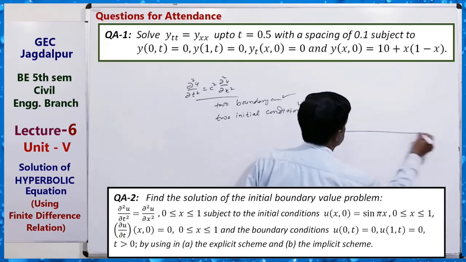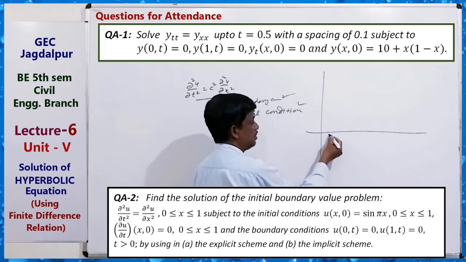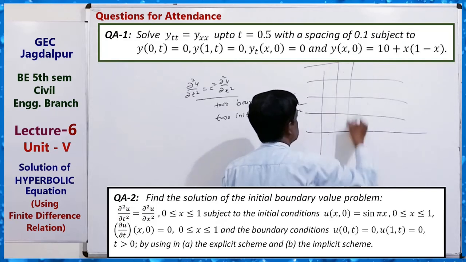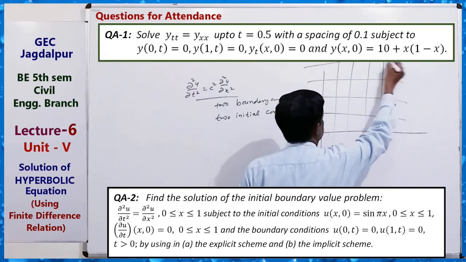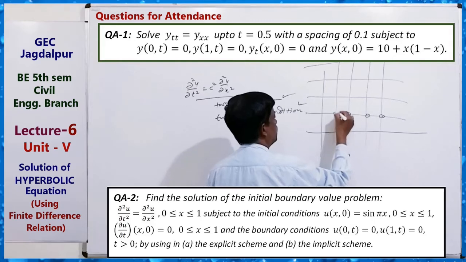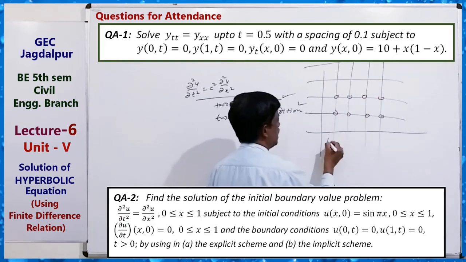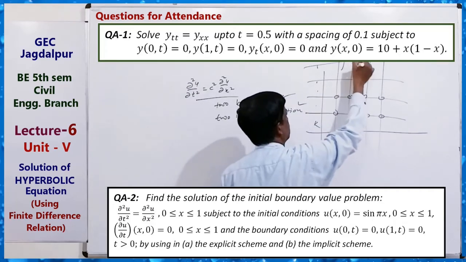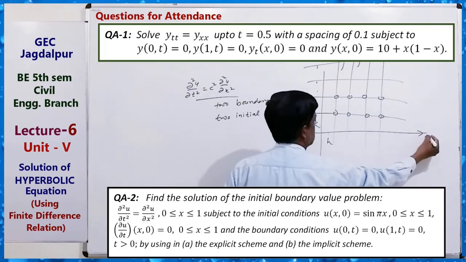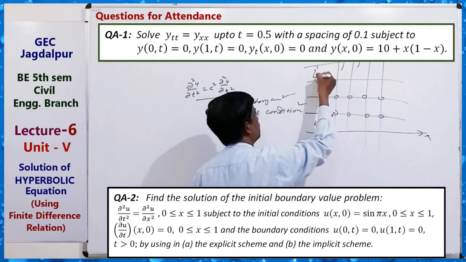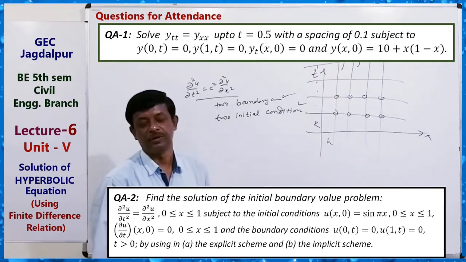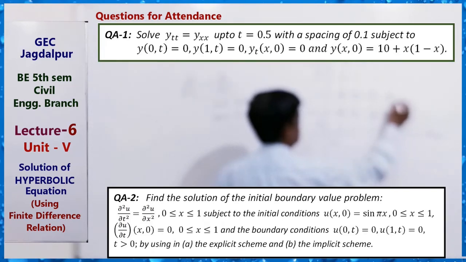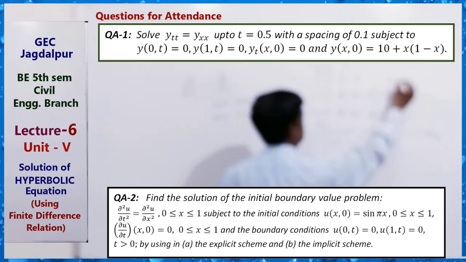Spacing means, suppose this is the level or mesh. Okay, just like this is our mesh point, this is h, this is k, this is the step along x, and this is the time level. This is the jth level, j plus 1 level, j plus 2 level, j plus 3 level, and so on.